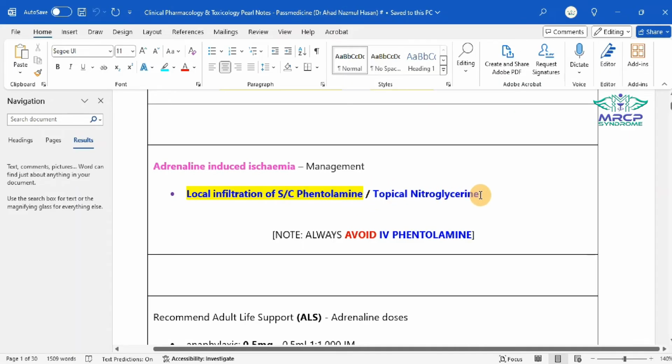Second priority should be topical nitroglycerin. If both of them are in the options, go for local infiltration of subcutaneous phentolamine. And if topical nitroglycerin and IV phentolamine are given in the options, then go for topical nitroglycerin. So local infiltration of subcutaneous phentolamine or topical nitroglycerin, and always avoid IV phentolamine.